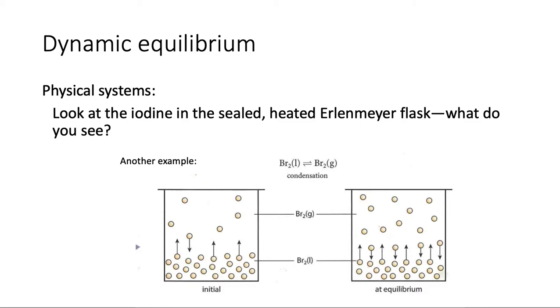So the very dark brown liquid forms an orangey brown gas above it, and this will keep happening until the number of vapor molecules that are condensing into the liquid at the bottom and the number of liquid molecules that are vaporizing are equal. You will have an equilibrium with the vapor above the liquid and the liquid itself.